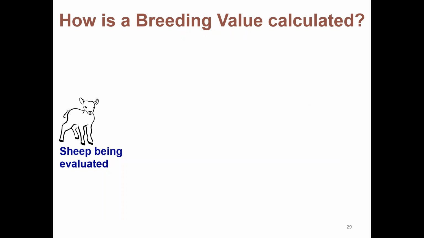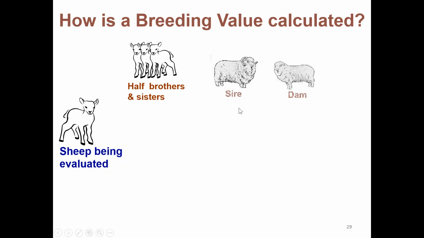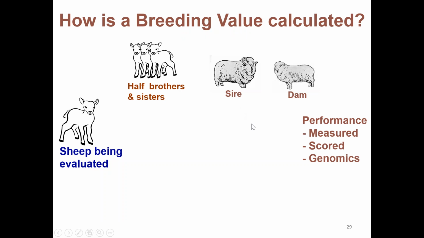If we've just got their own performance, whether it's how they look to you standing in the pen or their actual body weight, then you're missing out on a lot of information. The pedigree tells you a lot more about the performance of the individual ram that you're looking at, not only the mum and dad, but also half brothers and sisters. We add in measured performance, measured, scored, or these days genomic information, all of which add up to the performance records you've got for the individual.